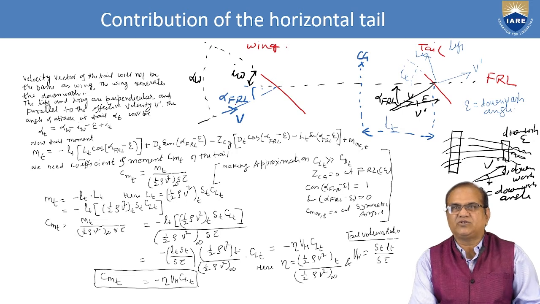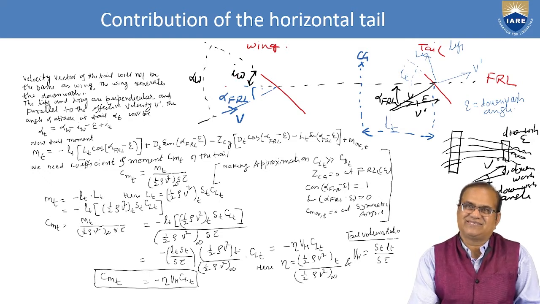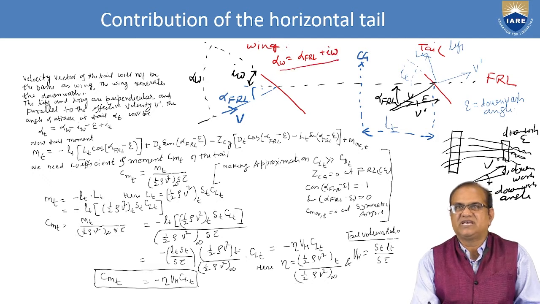From the horizontal line to the relative wind V, this angle is alpha FRL, and from the horizontal to the line of the chord it is the wing setting angle IW, and alpha FRL plus IW is equal to alpha W. So this is the total angle of attack here.